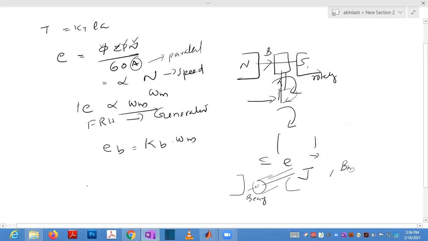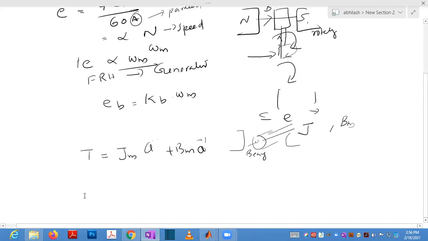The torque developed in the motor is used for Jm theta double dot plus Bm into theta dot. So we can convert these things into a block diagram.